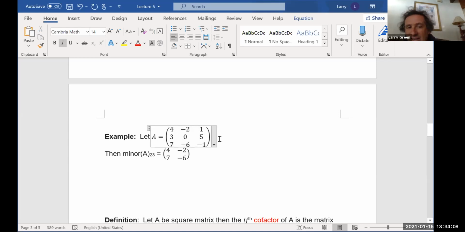Just axe it out. And I take away the third column, so the 1, 5, -1 are gone. What's left is the 4, the -2, the 7, and the -6. So the 2,3 minor of this matrix is 4, -2, 7, -6. Any questions on that?